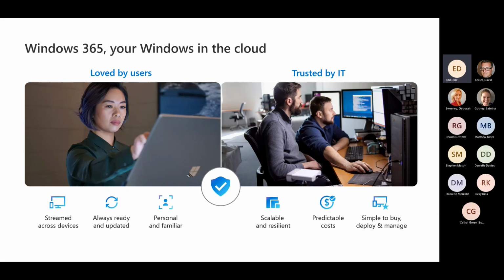Think about mobile sales teams, for example, to be able to work from their home office and then be out on the road and be able to just pick up exactly from where they left off, not necessarily having to make sure they've saved those files into OneDrive so they can access them later on. No, it's their desktop they're accessing with all of their files, folders, data. That is a huge amount of potential that gives to organizations and the way that they work.